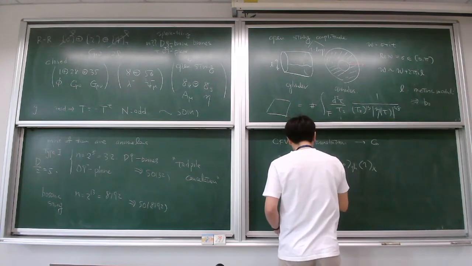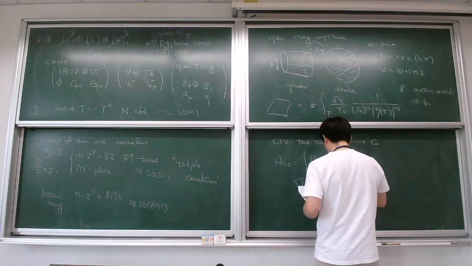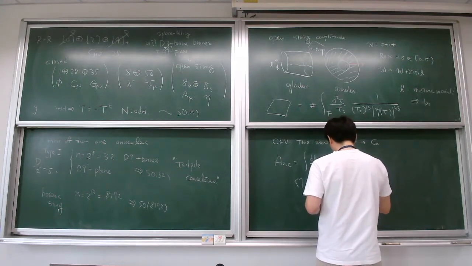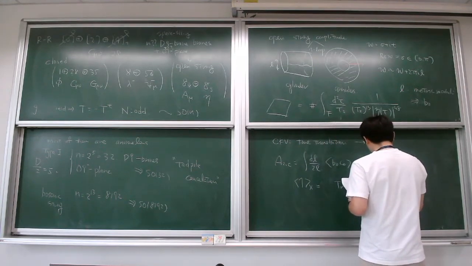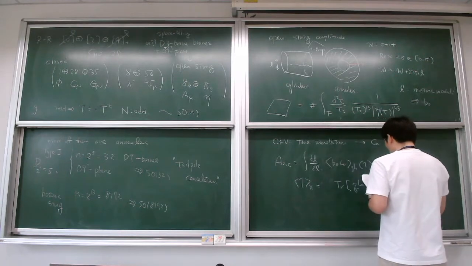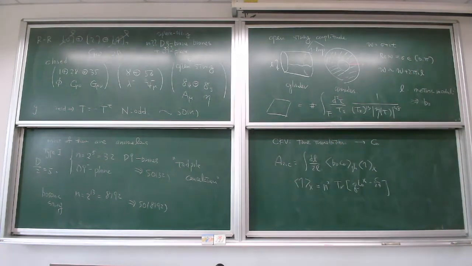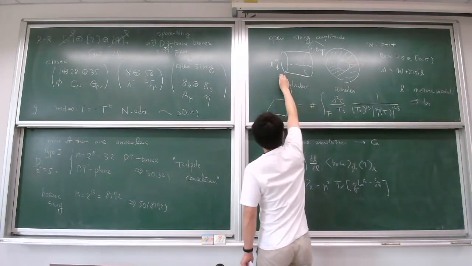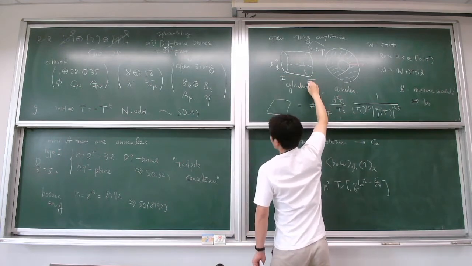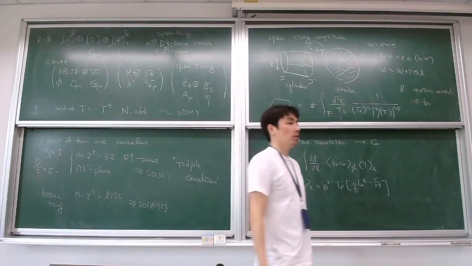What we have done in this case: X is the trace of e to the minus 2 pi l times L0 minus c over 24. And there are Chan-Paton degrees of freedom, since the string is oriented, coming from where it ends. So for these Chan-Paton degrees of freedom, we can introduce indices i and j in the presence of N space-filling 25-planes.